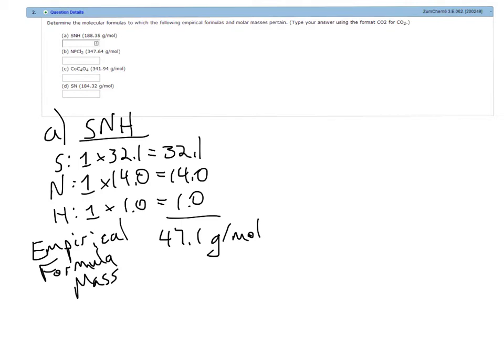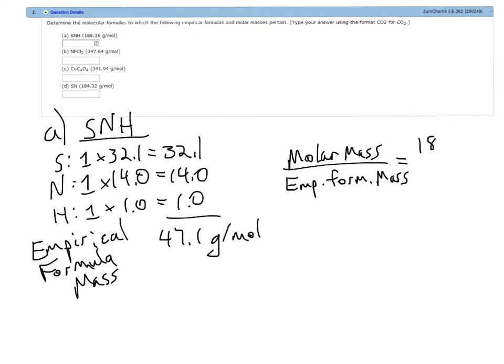To figure out how to get the molecular formula from the molar mass, take the molar mass and divide it by the empirical formula mass. So in the case of SNH, they provided a molar mass of 188.35. That's right up here in the problem.